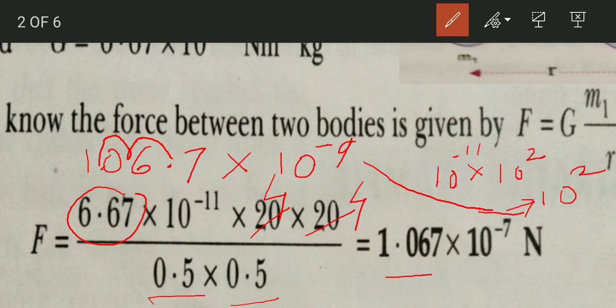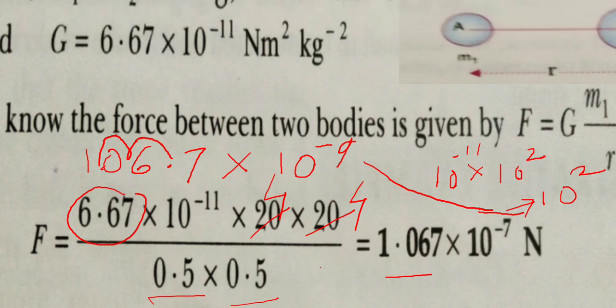We have to shift two places here. This 1 into 10 into 10, that means 10 raised to 2, that is 100. So we will multiply the numerator and denominator with 100.